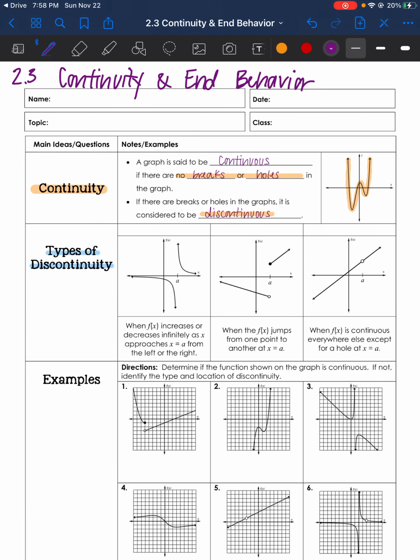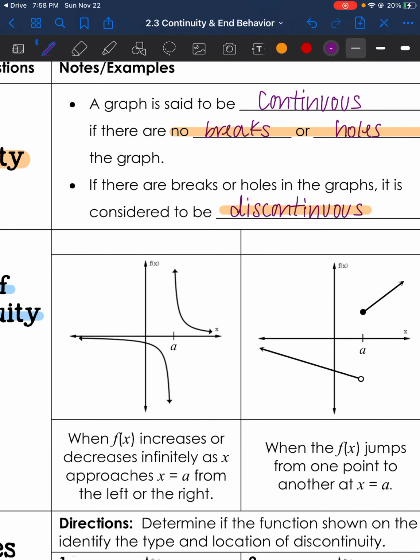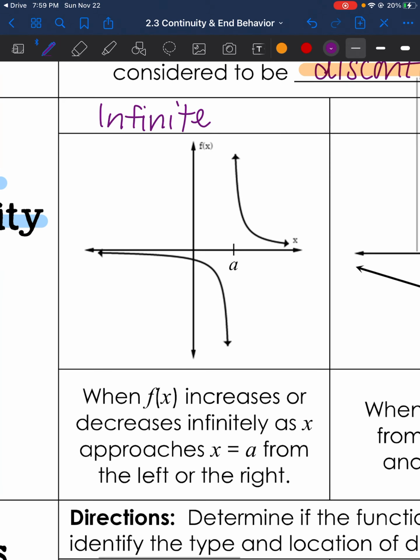The first one is called infinite. With an infinite discontinuity, f of x increases or decreases infinitely as x approaches a from the left or the right. That's some weird language here.